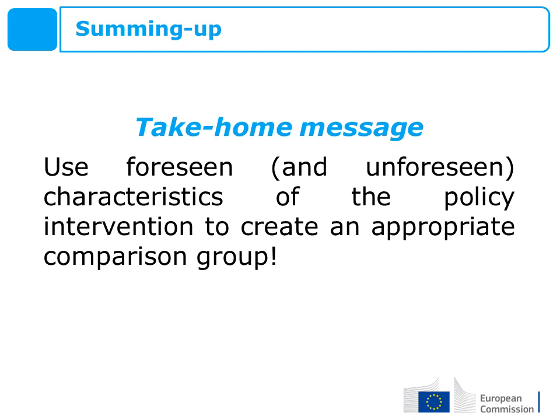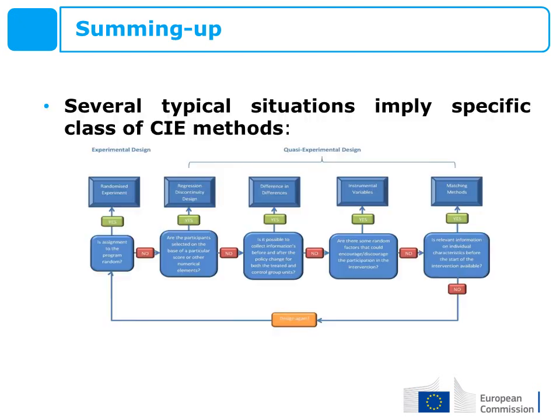Summing up, the take-home message of this video is to use foreseen and unforeseen characteristics of the policy intervention to create an appropriate comparison or control group. In particular, there are several typical situations that prompt the use of a specific class of CRIE method. For example, if the eligibility criteria involve a threshold, think of RDD.